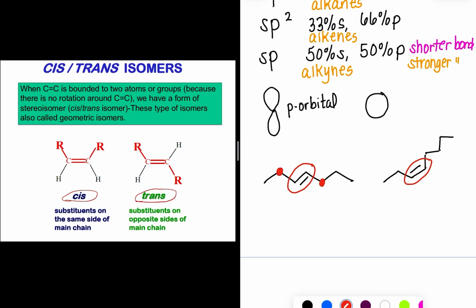You can probably see that one is going up, one is going down. On the right side, my R groups are on the same side of the double bond. So I can call this my cis alkene. I'm sorry, totally wrong. This is my trans alkene, opposite sides. And this is my cis alkene.